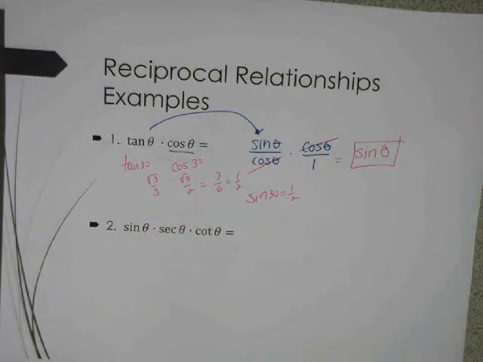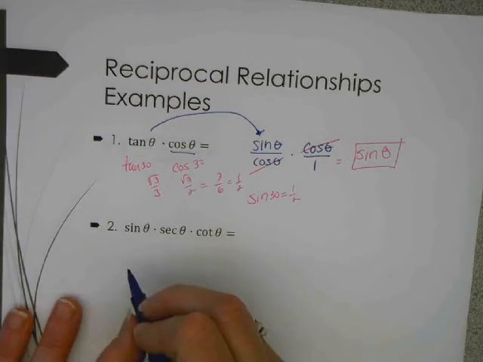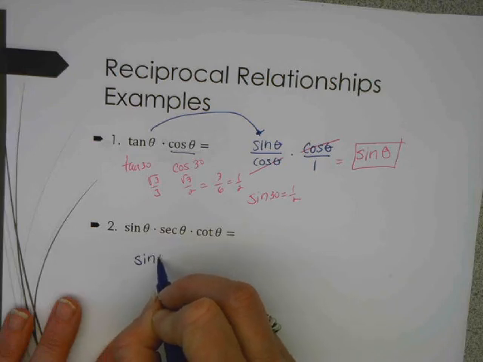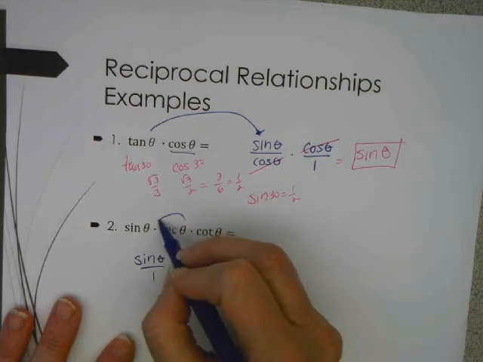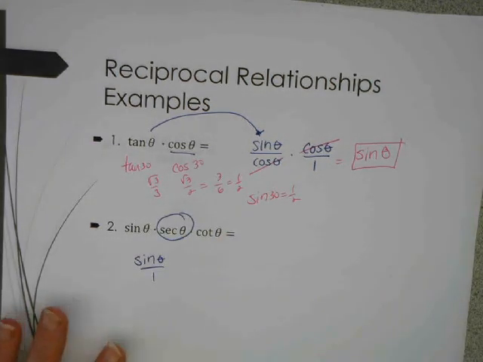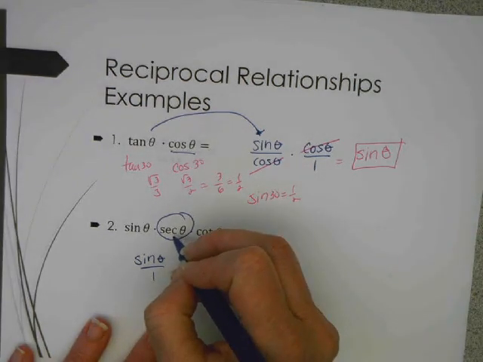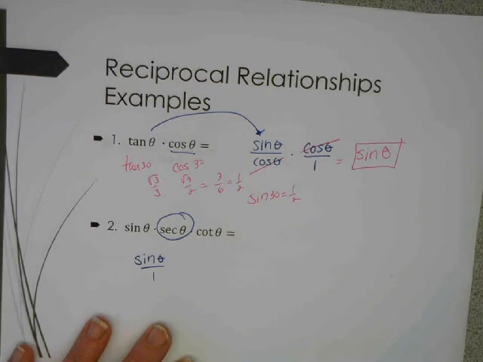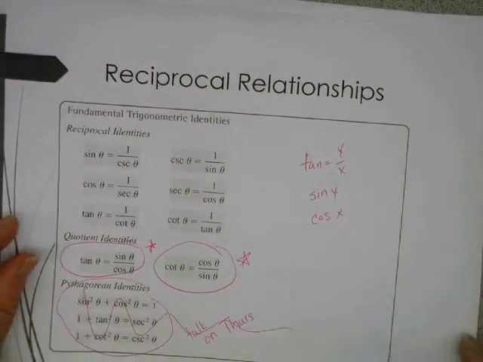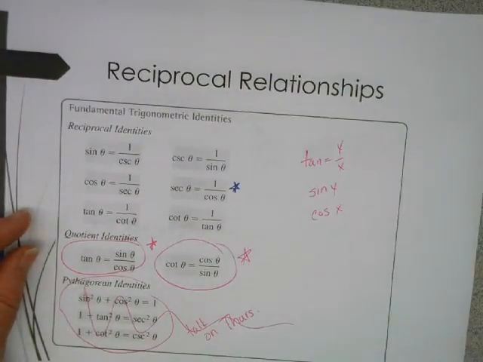Same thing on the next one. So you see there's a sine. Change everything to sines and cosines. That one I'm going to leave as sine over 1. I need to change the others, so I'm going to use reciprocals. Remember, s's go with c's. So secant, from our last little slide here, is 1 over cosine.